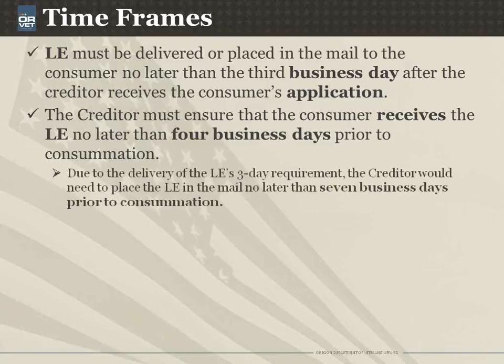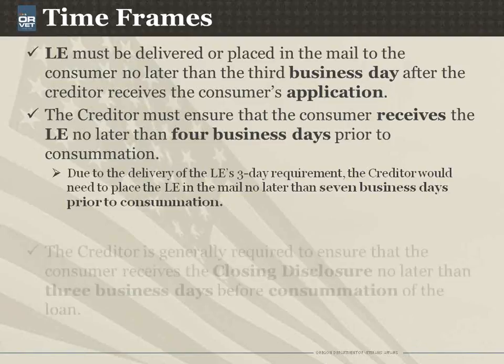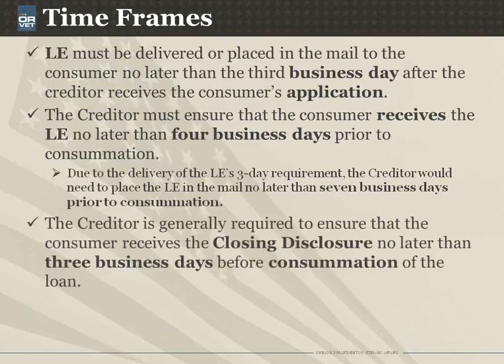Because of the 3-day delivery requirement and then the 4 additional days, the loan estimate needs to be out a total of 7 days before we can start consummation. And then the creditor is generally required to ensure that the consumer receives the closing disclosure no later than 3 business days before consummation.